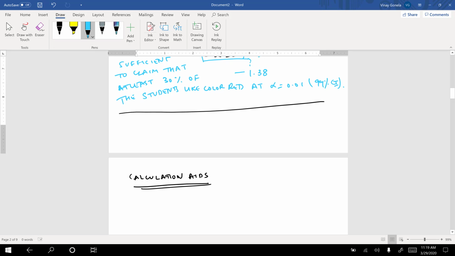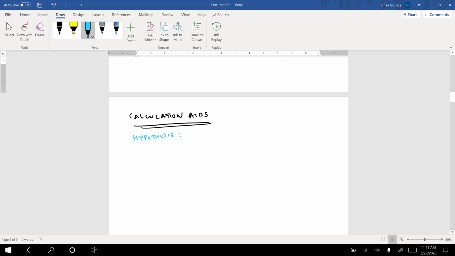So our hypothesis: H null is P greater than or equal to 0.30, and our H alternative is P less than 0.30.